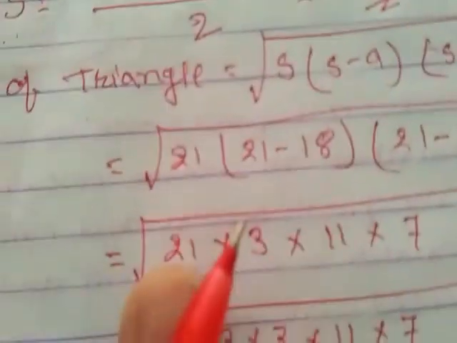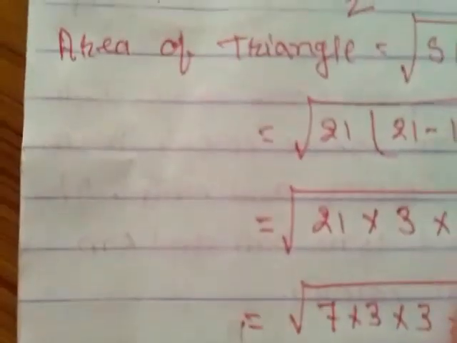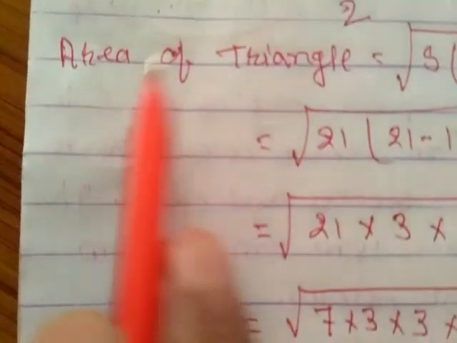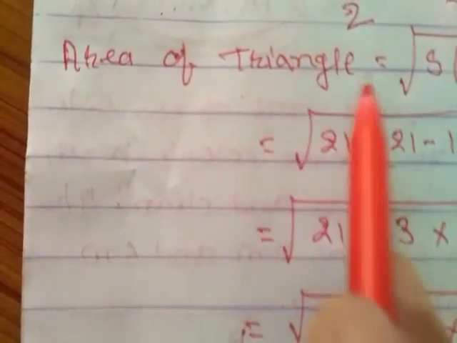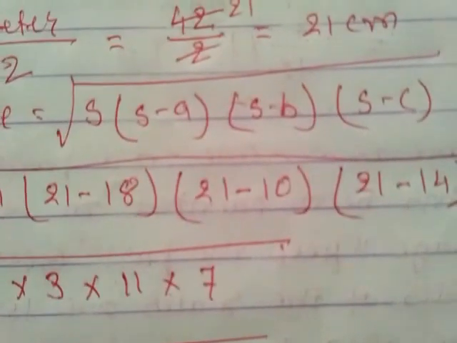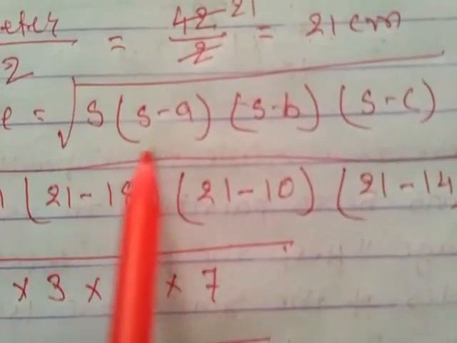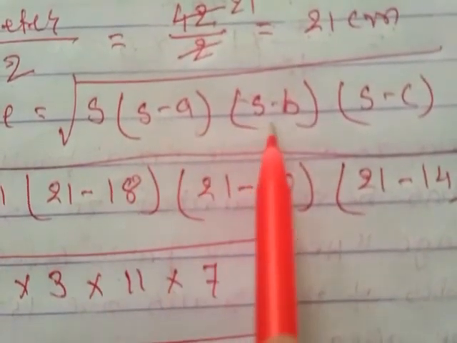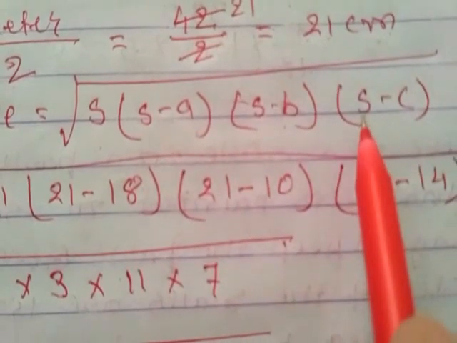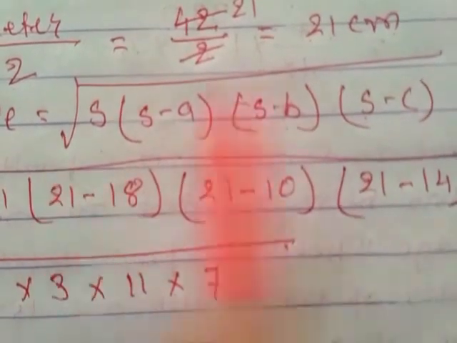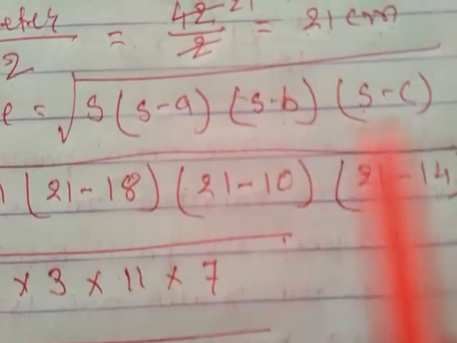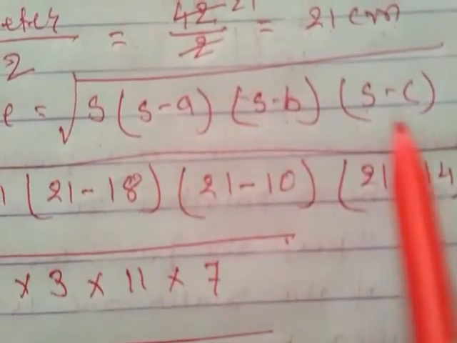Now applying the area of triangle by Heron's formula, we have the square root of S into (S minus A) into (S minus B) into (S minus C), where A, B, C are the three sides of the triangle.